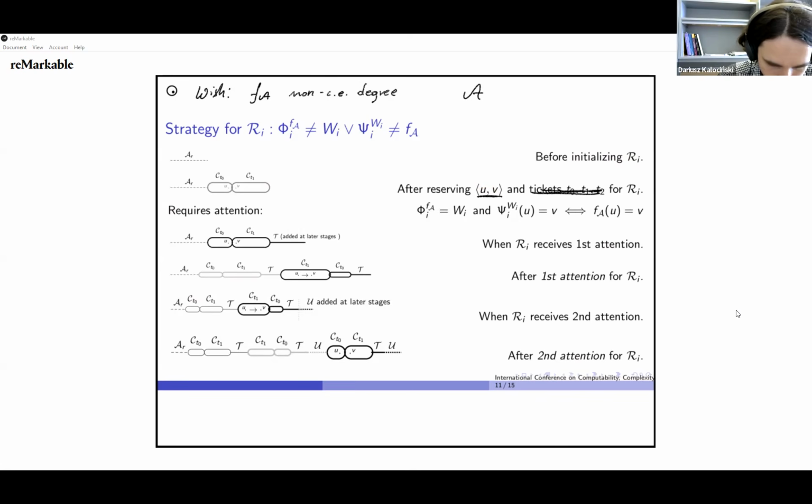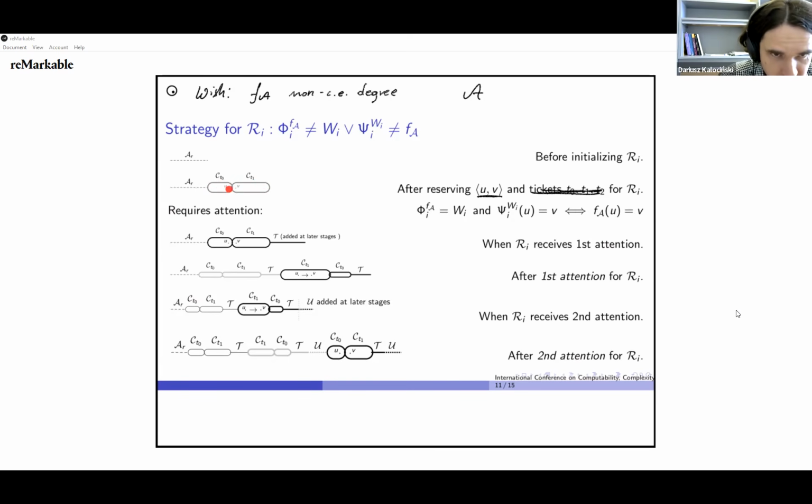Okay, and what do we do? So we choose appropriate cycles. So this is one cycle, and this is another cycle. Let this one be twice as long as this one. It will become clear why it should be that way later.